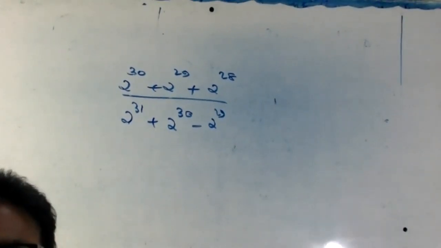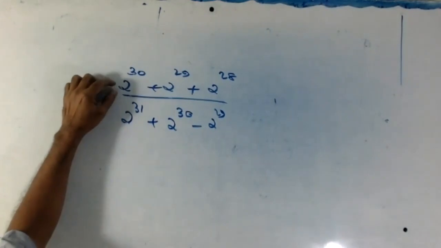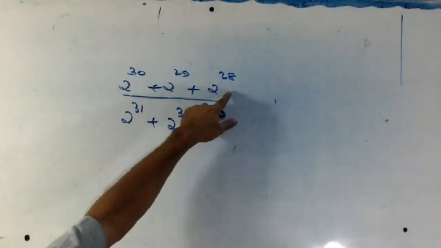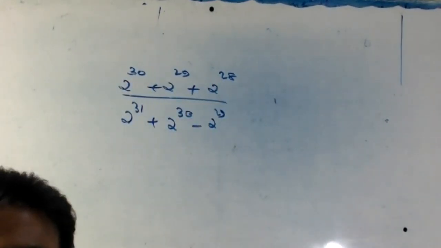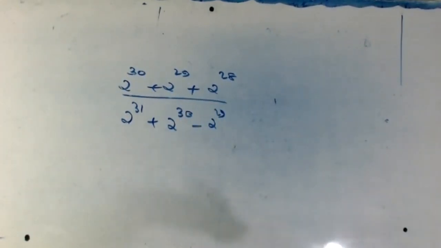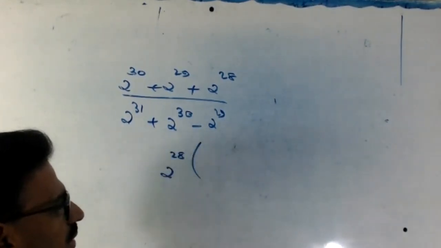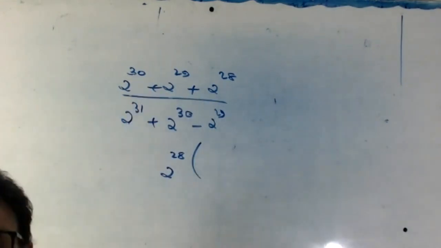Listen here. Here 2 raised to 30, here 29, here 28. So that means we can take 28 twos outside, 2 raised to 28 outside. Balance here how much?